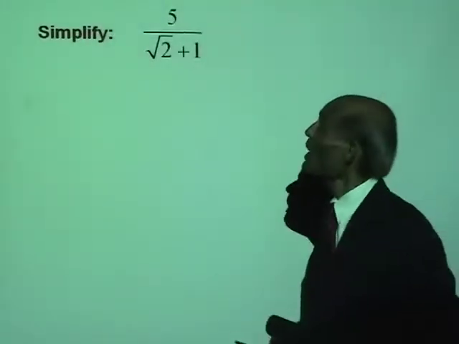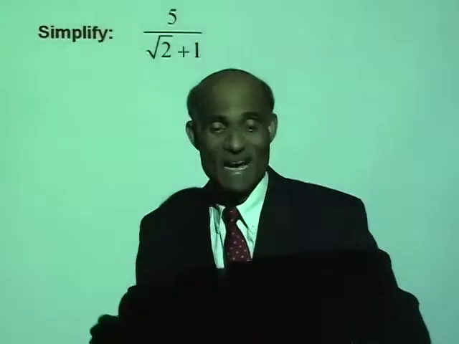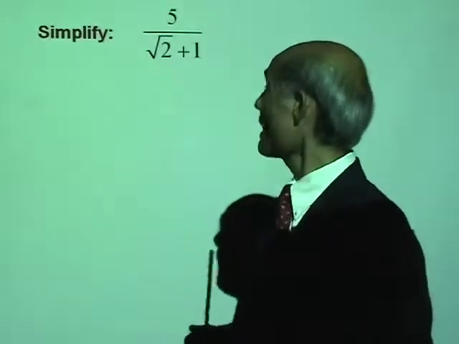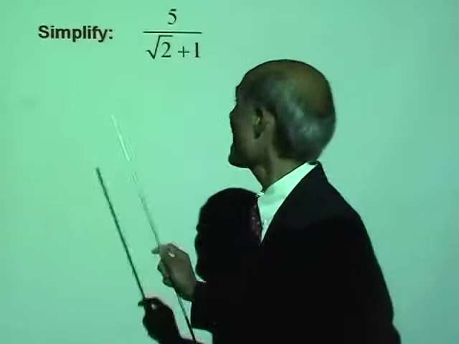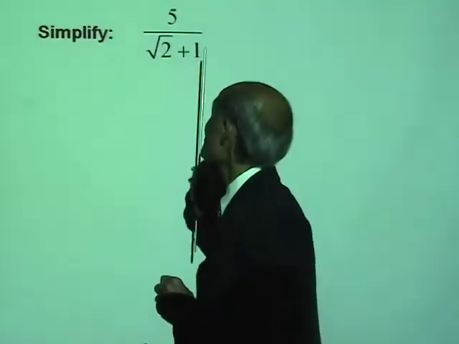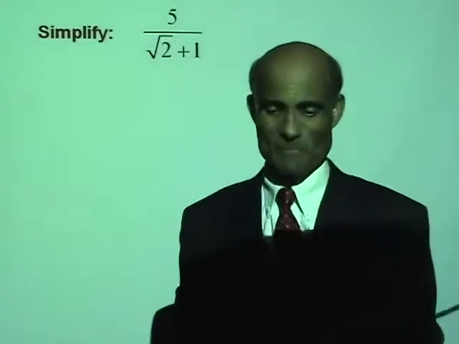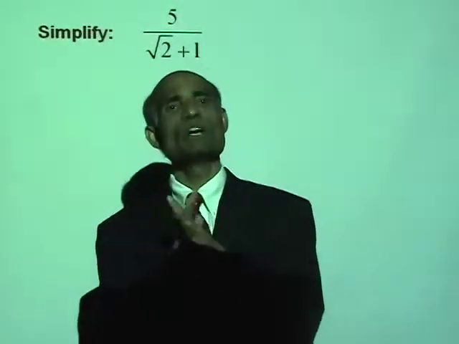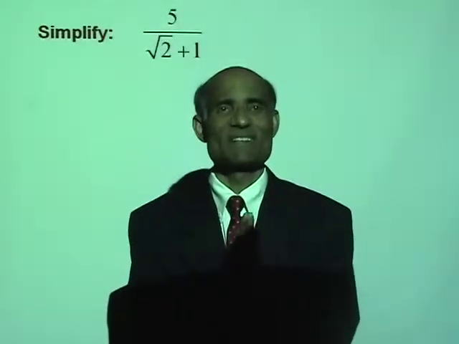Alright, let's go on and look at a different type of simplification. Simplify 5 divided by square root 2 plus 1. Now, what is it that we described earlier on in the last lesson?